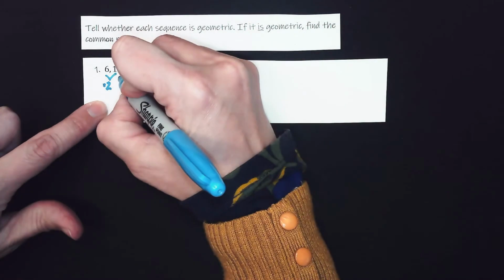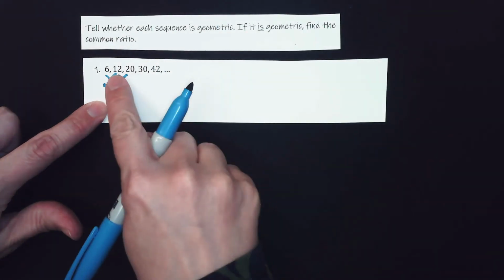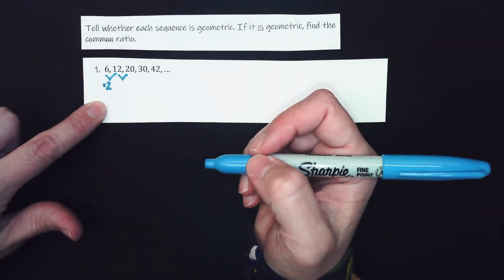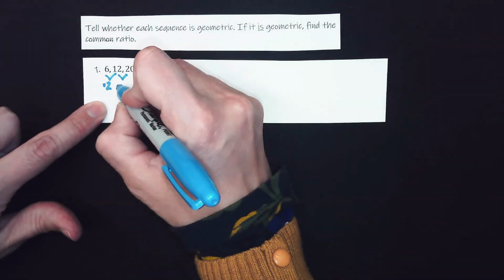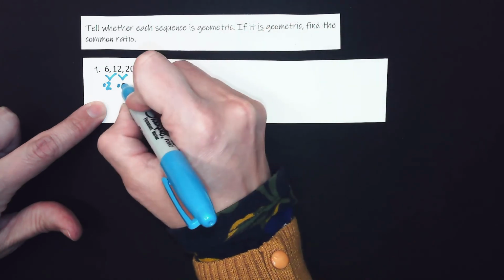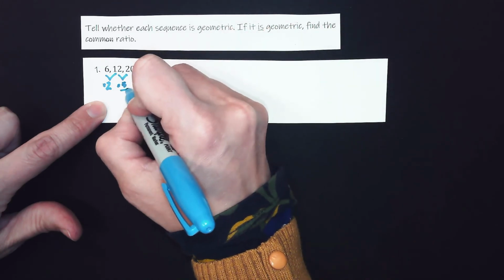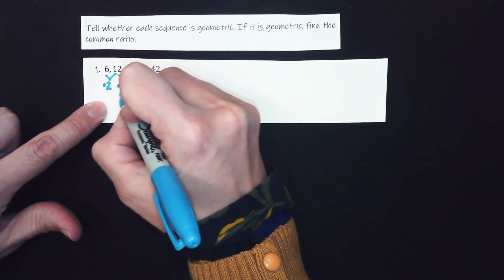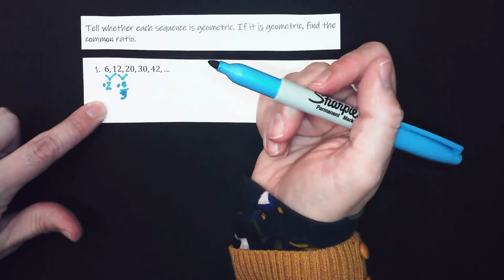Then 12 times what is 20, or you can take 20 divided by 12, and we get 5/3. Not the same thing. That's the big key there.